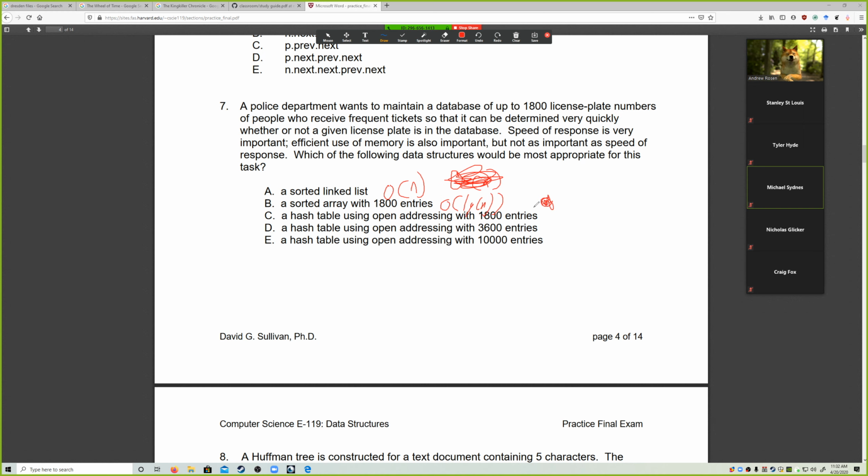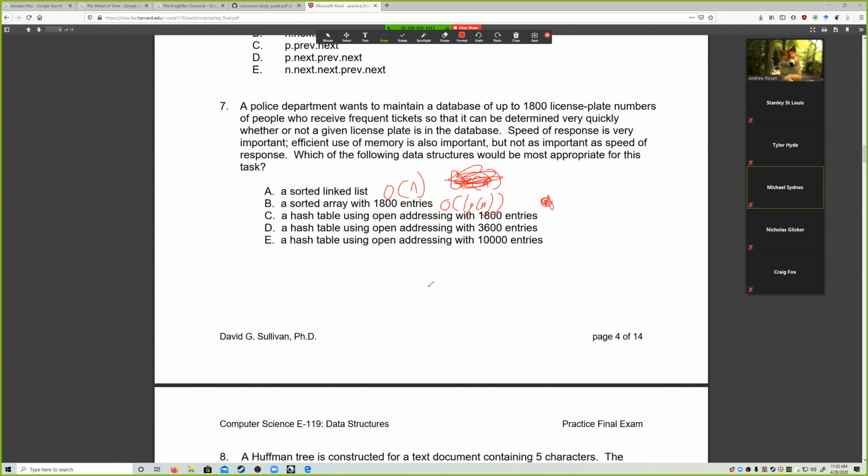Now we have 3 hash tables. They all use open addressing, okay? And we have 1,800 entries, 3,600 entries, and 10,000 entries. Really the speed depends on this, and when we use open addressing and try to rank the speed, the best way I've found to think about it is looking for a parking space in a parking garage.